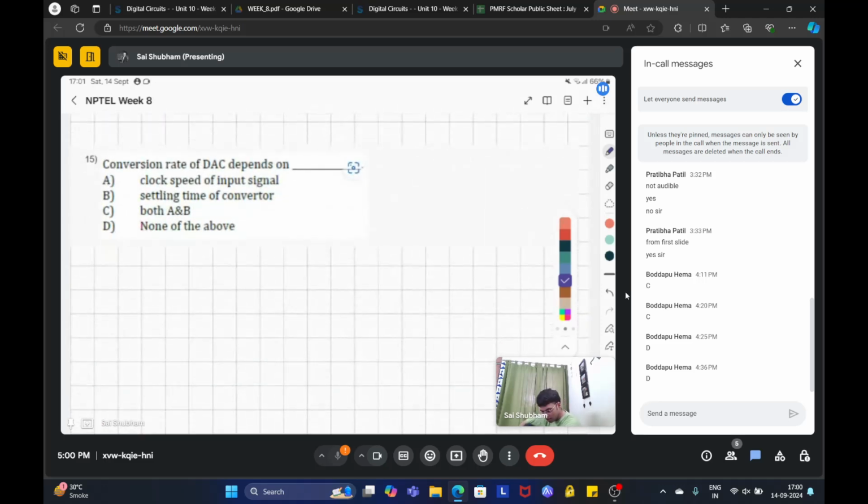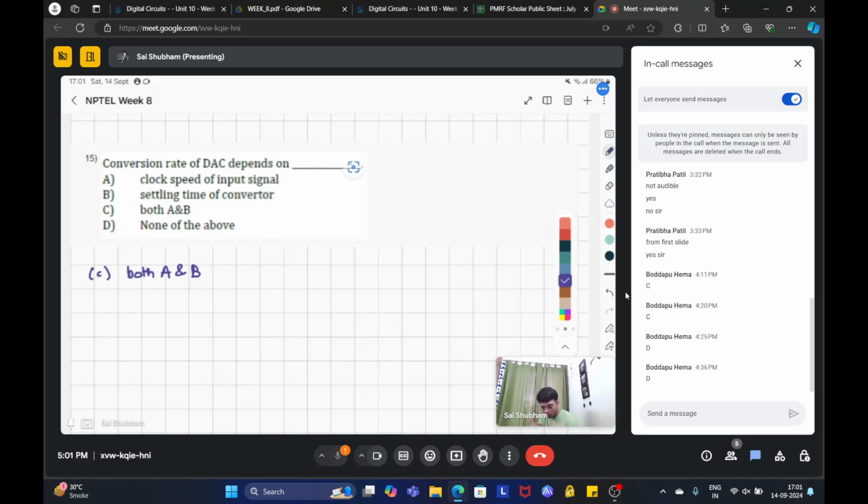Next question is, the conversion rate of a digital to analog converter depends on clock speed of input signal, settling time of converter, or both A and B. So the answer is C, both A and B. The reason being, clock speed of input signal.